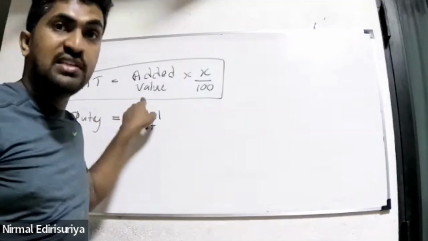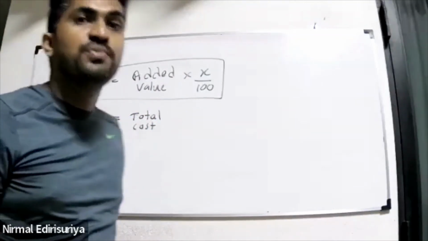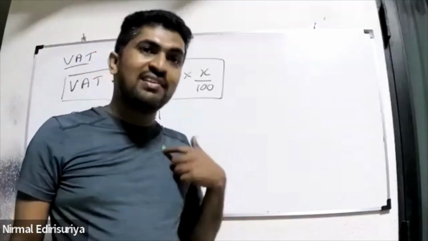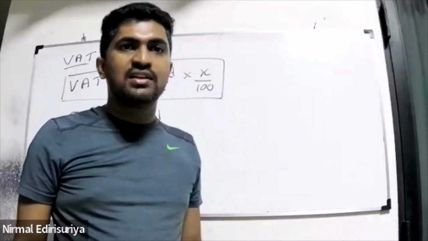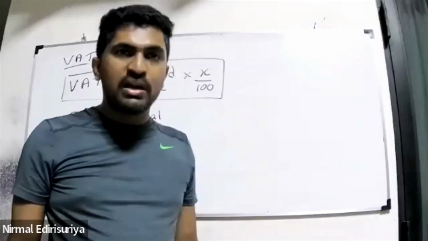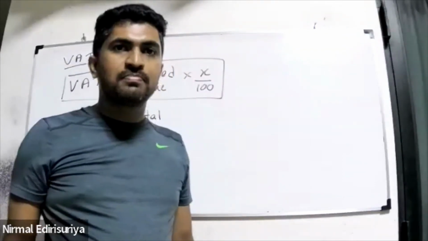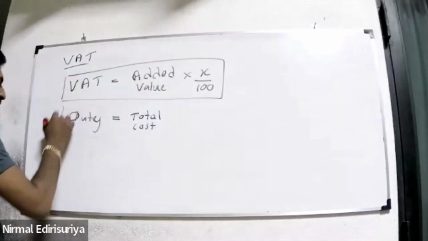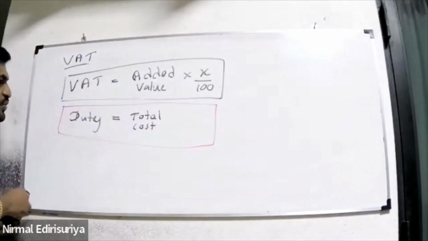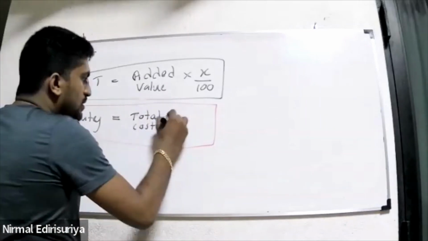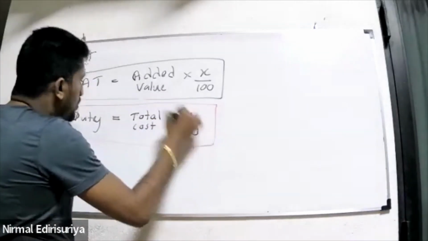From whom is the VAT collected? From us. That is the behavior of VAT and duty. And duty equals total cost into x over 100. Got it?